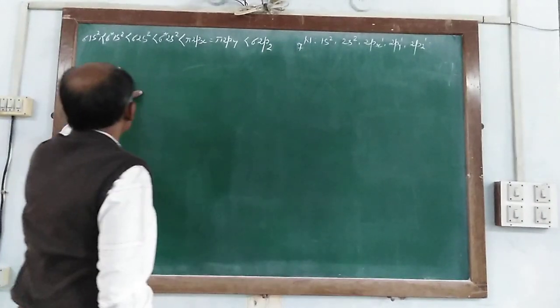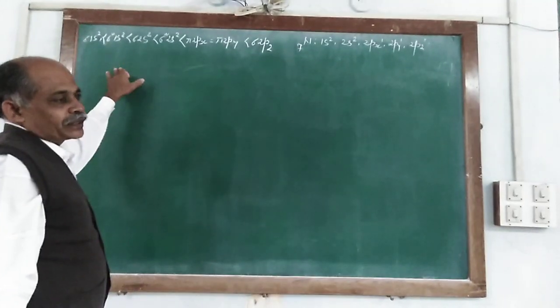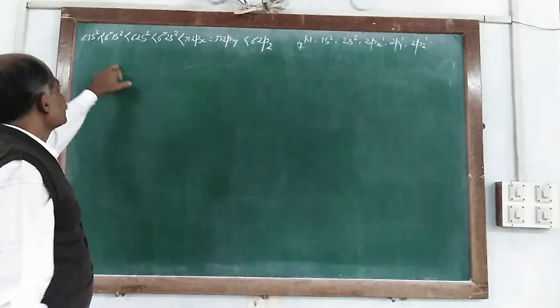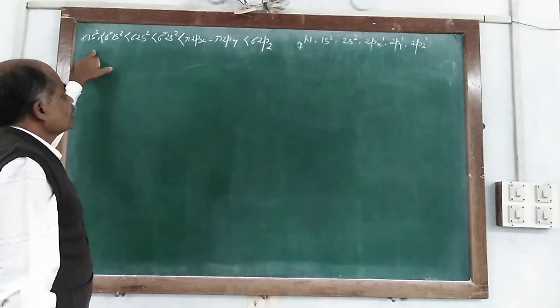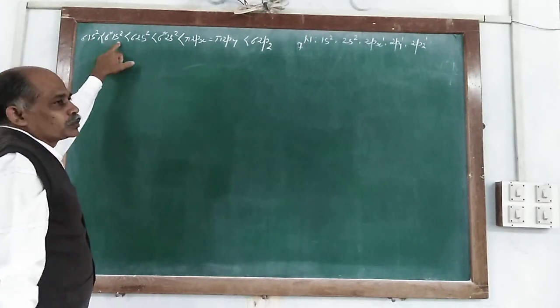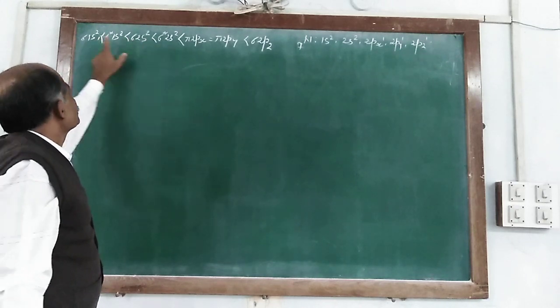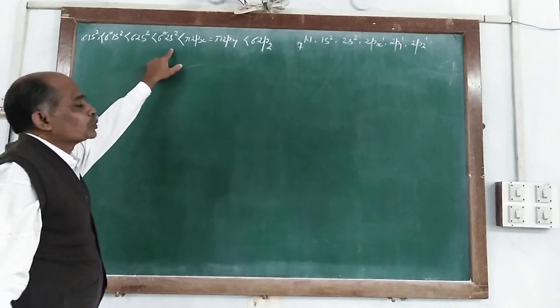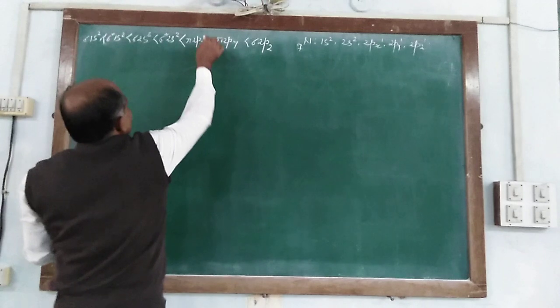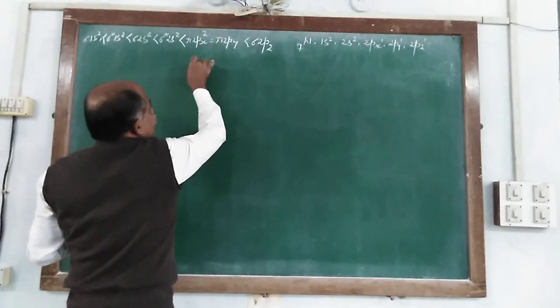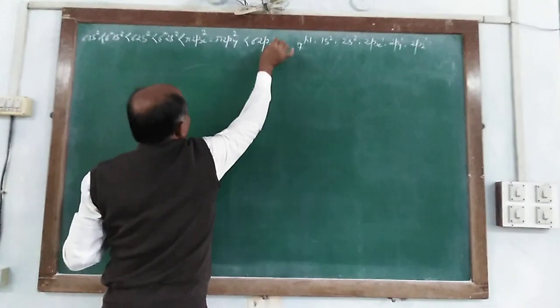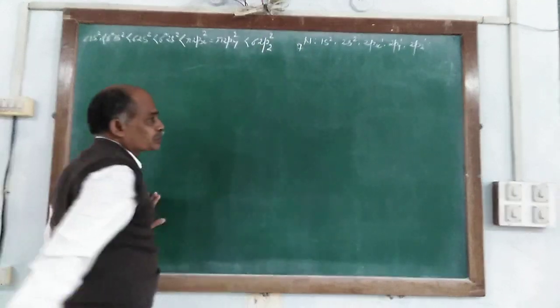So here we accommodate 14 electrons. From 14 electrons, 2, 2, 2, 2, 2 plus 2 plus 2 plus 2, 8, 2 here, 10, 2 here, 12, and 2 here.